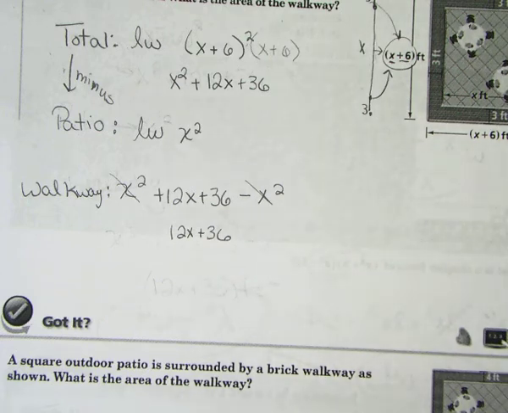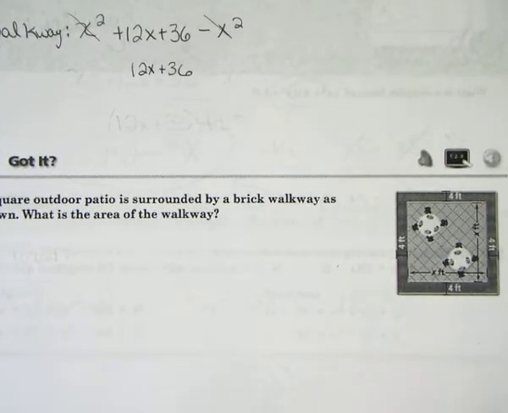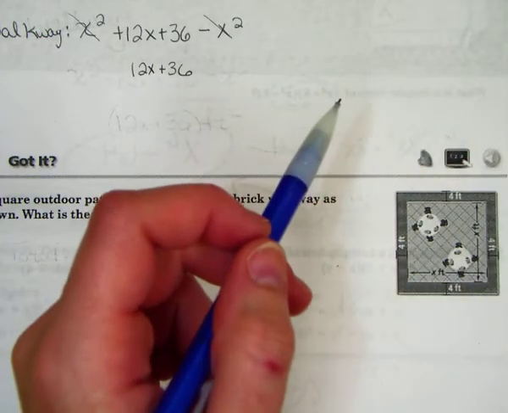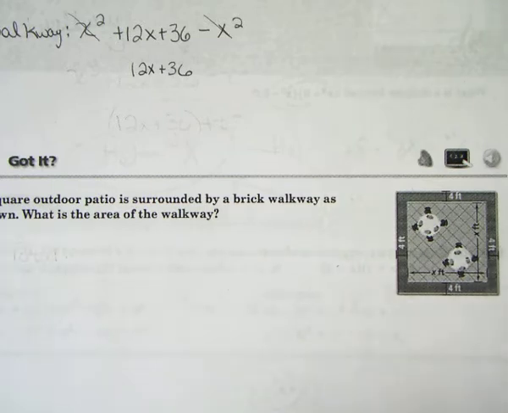Let's do the got it problem now. Same type of deal, except they're making it just a hair more difficult because they're not telling you what the side is. Up there, they told you it was x plus 6. Down here, they're not telling you anything. Alright, so let's look at the edge.